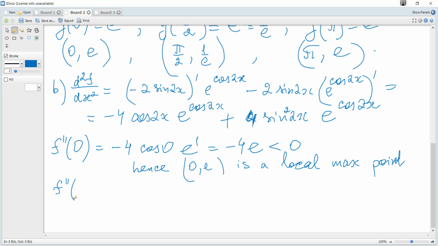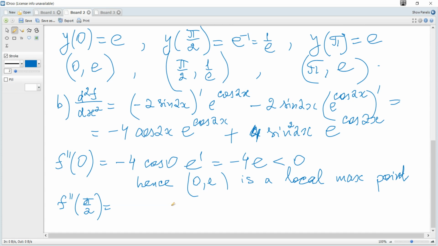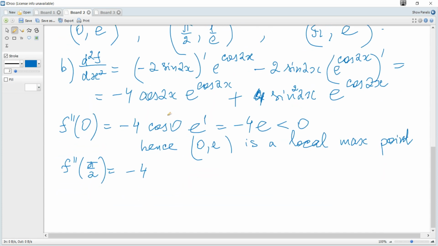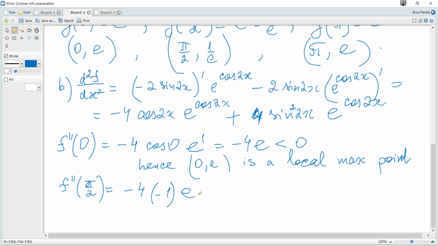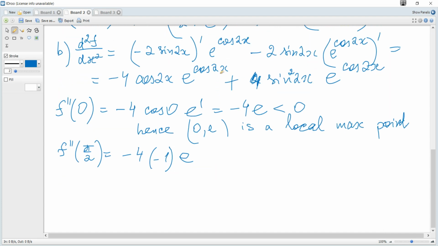And the second derivative at pi over 2 becomes what? -4, and cosine at pi is -1, and e to the power of what?